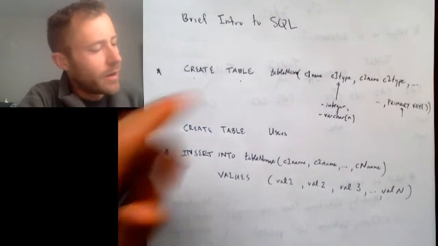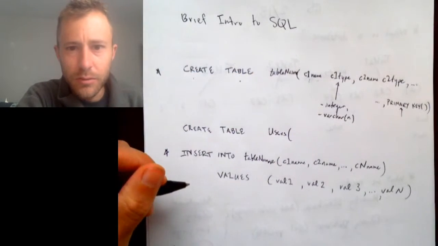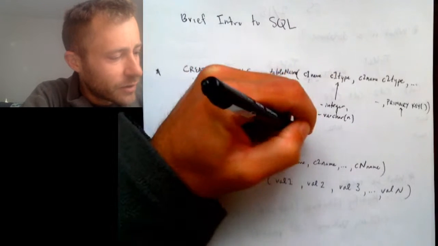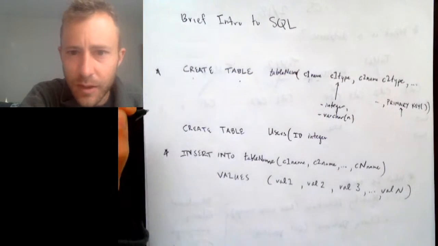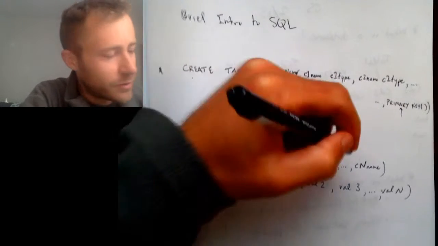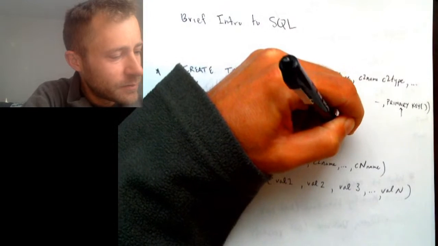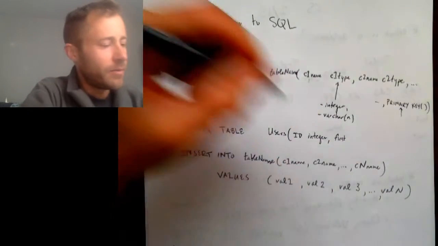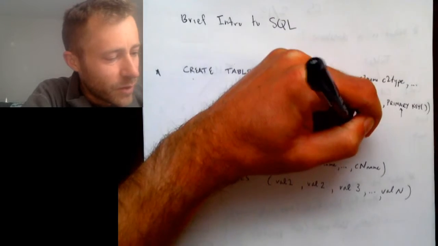Okay, and maybe the first column is called ID, and it's an integer. The second column is maybe first name. I'll just call it first. And so that's going to be a string, right? So that's going to be a varchar.